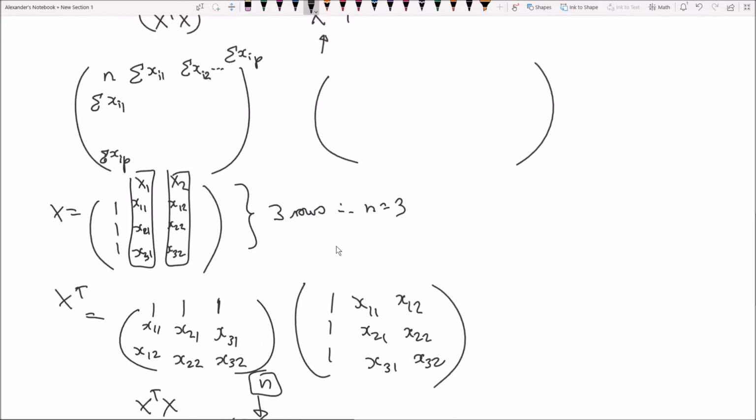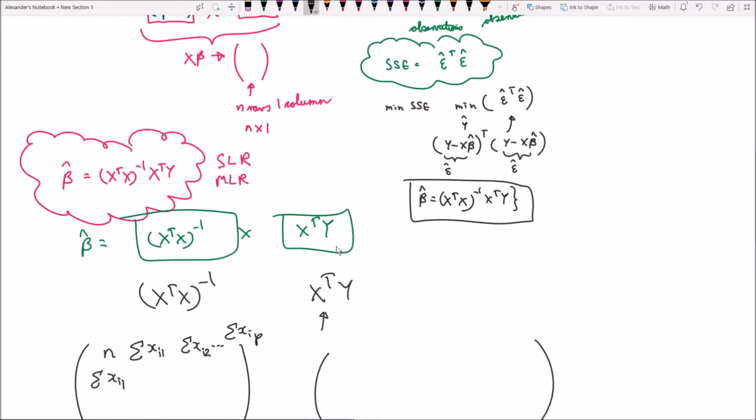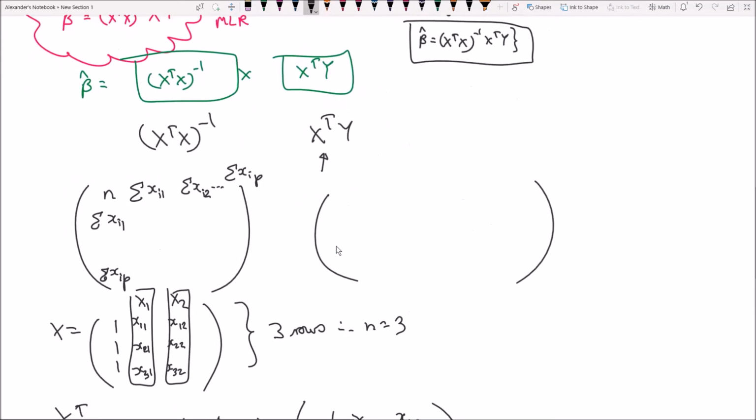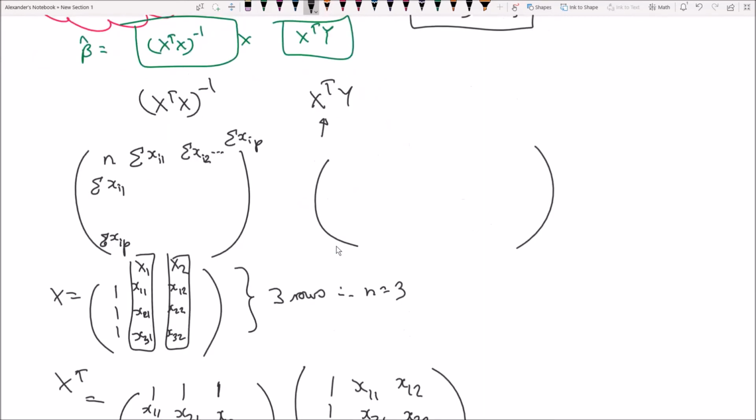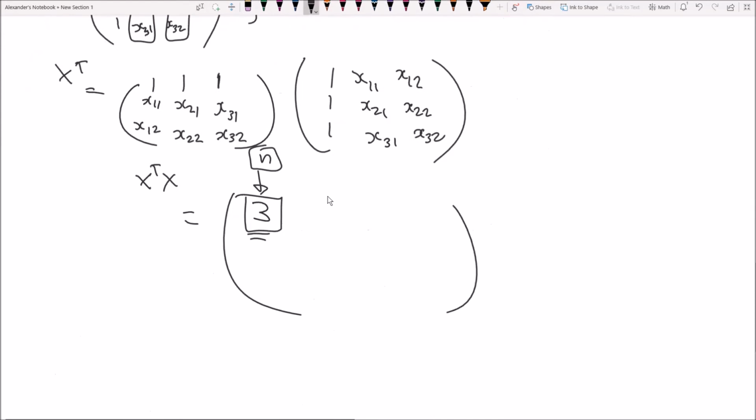So if we have the matrix X transpose X, then the first row and first column's entry is always going to correspond to n, the number of samples in your data. If we look at the first row and the second column, we have row 1 times column 2.